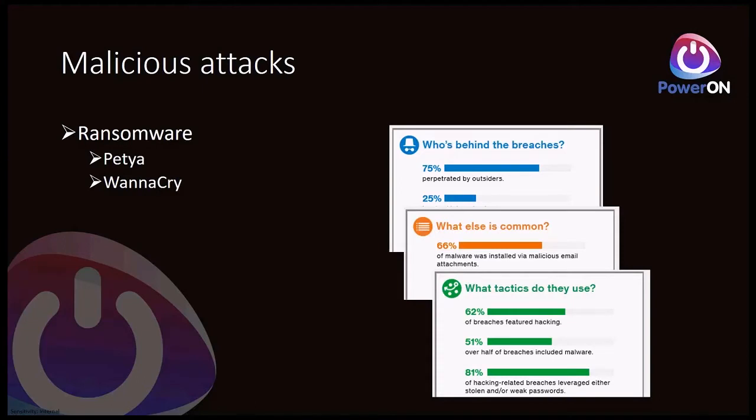The figures here are snippets from the latest Verizon data breach investigations report. It highlights the fact that users are still prone to clicking on documents or links within emails that they perhaps shouldn't.